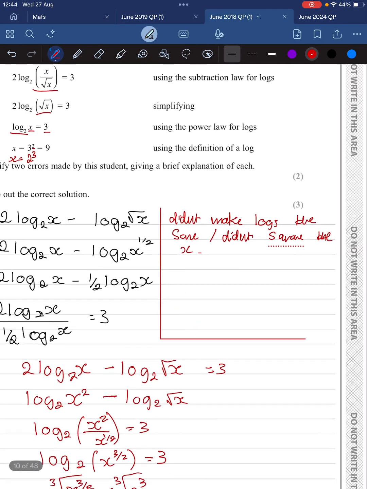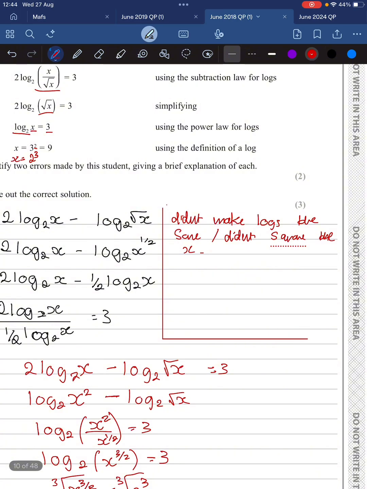For this one, that's the first mistake. Second mistake would have to be: it should have been log 2x equals 3 should have been 2 to the power of 3, not 3 to the power of 2.